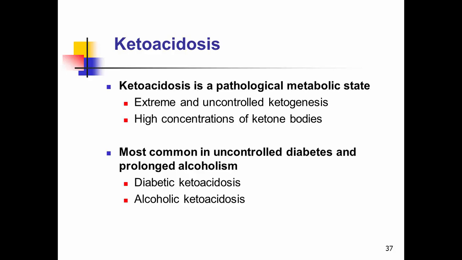Again, this also causes fat mobilization and increases the fatty acid level in the circulation. So both of these pathologic conditions can cause extreme or uncontrolled ketogenesis and raise the ketone body levels in the circulation.